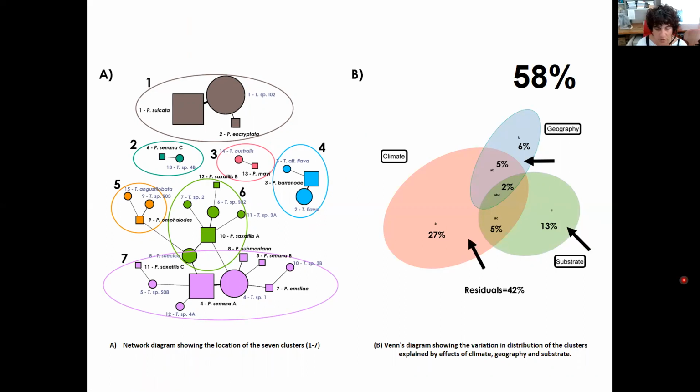The largest proportion of the variation was explained by the climatic condition. Substrate was the second most important variable, which independently explained 30% of variability, although 7% was shared with other variables. The third variable, geography, accounted for only a small proportion of the variation.